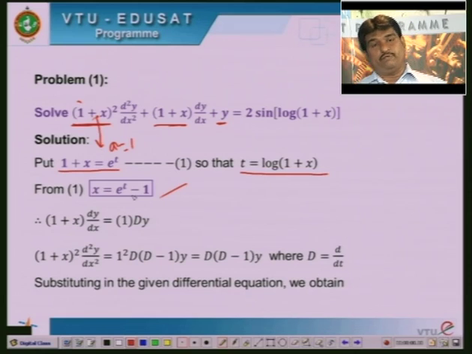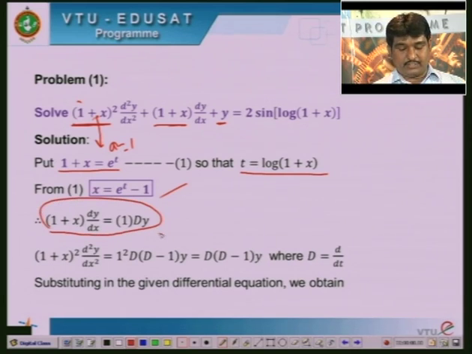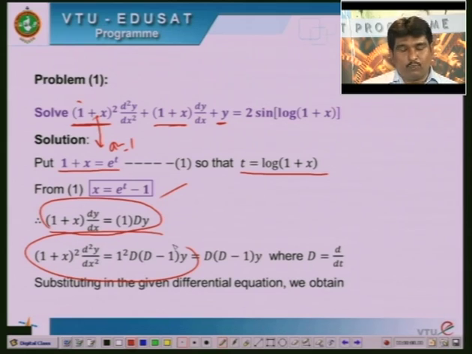When you substitute, as I mentioned earlier, the variable coefficient term 1 plus x into dy by dx becomes a into Dy, a is 1 here, and 1 plus x whole square into d square y by dx square becomes a square, which is 1 here, 1 square into D into D minus 1 of y, where D is the derivative with respect to the new variable t.